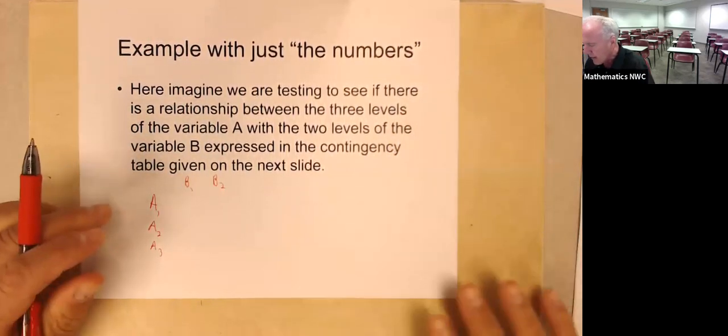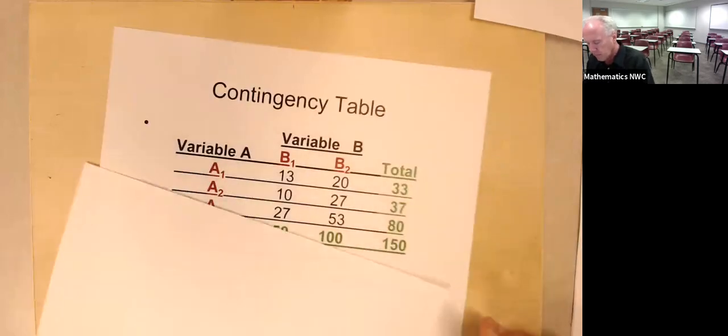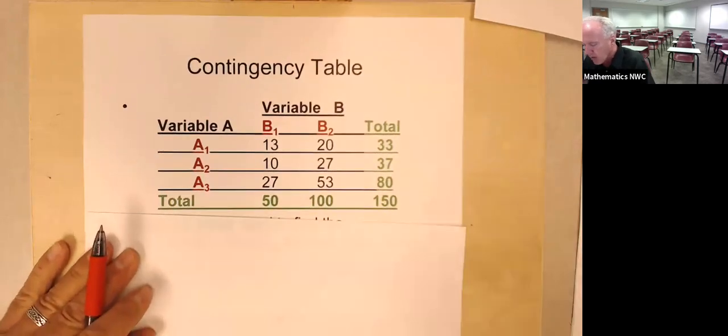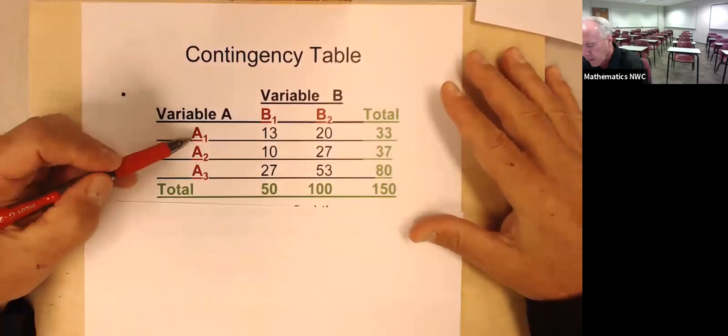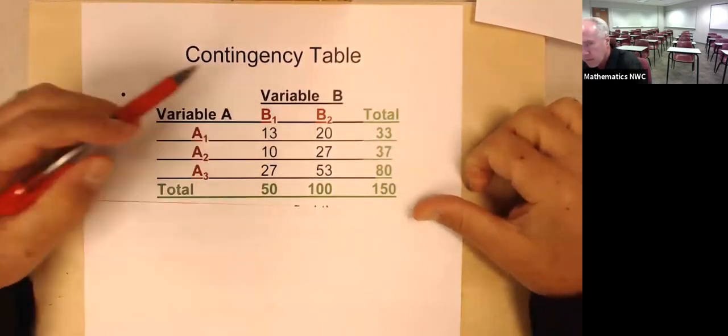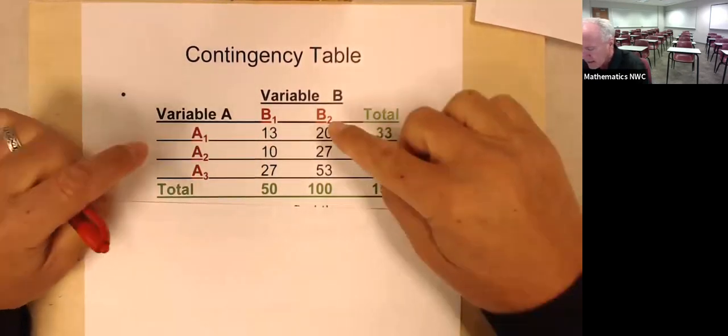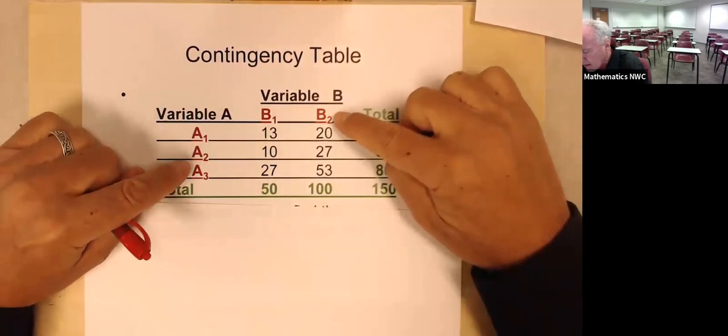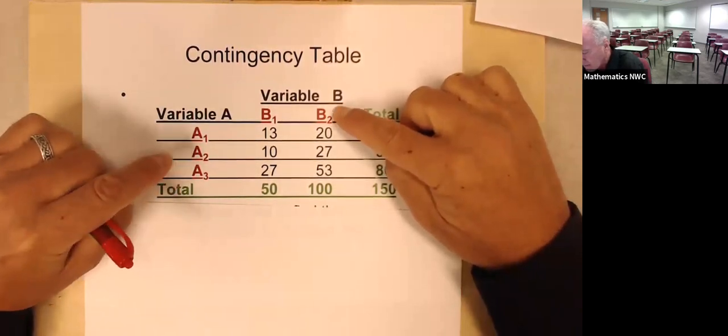I have a table made out in the next slide. Here's my 3 levels of variable A, 2 levels of variable B. I'm testing to see, are they independent or are they dependent?